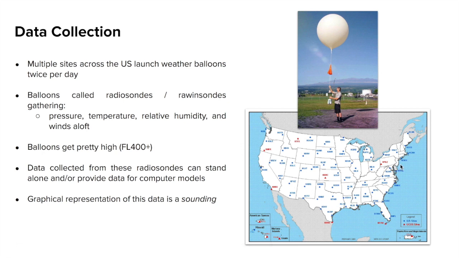When these balloons go up in the air, they have sensors called radiosondes or rawinsondes, if you can say that properly. As these balloons go higher and higher, they record pressure, temperature, relative humidity, and winds aloft, things that are typically of interest for weather purposes, but also for our purposes on the GA and piloting side.